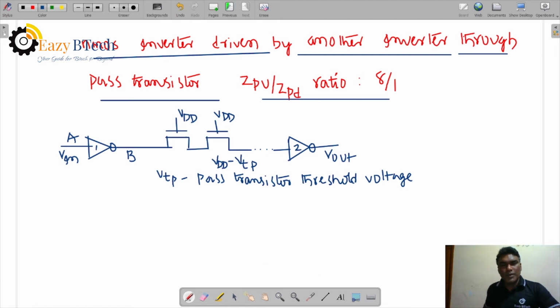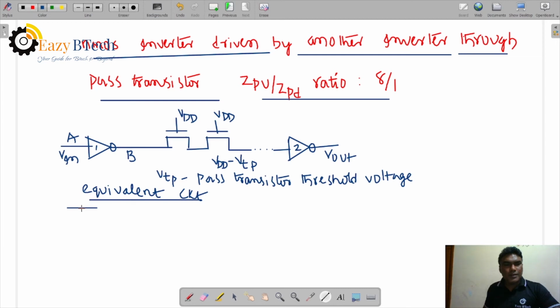So we can say this is the equivalent circuit representation. Let us see this in the equivalent circuit.